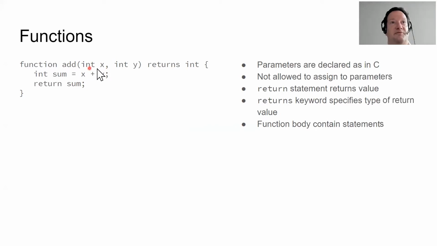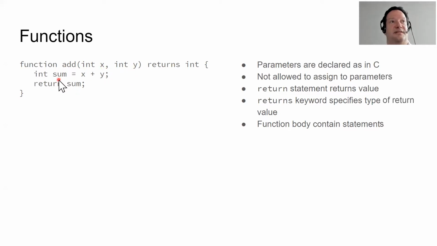We get the list of parameter names and their types, and we have the returns clause in the function declaration that tells you what it returns, instead of putting it in the front like C does. We have static types, so we're saying that add always returns an int, and its arguments are int and int.